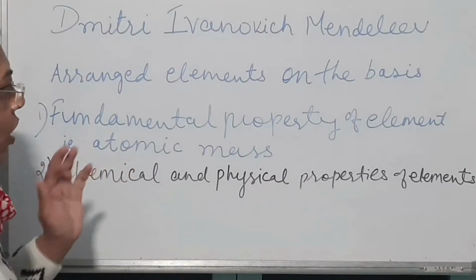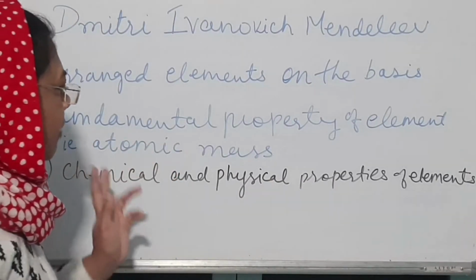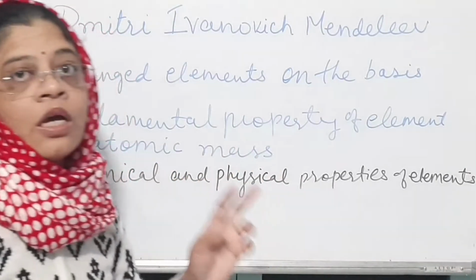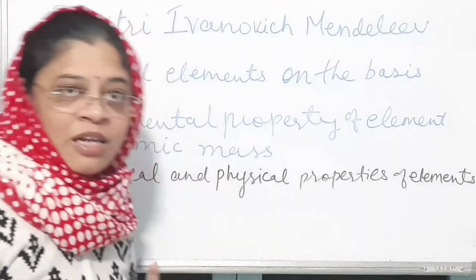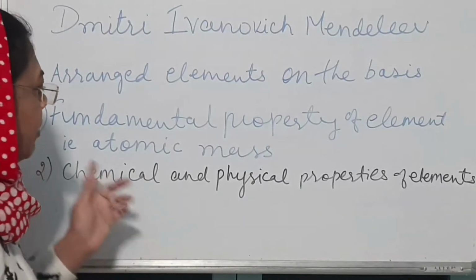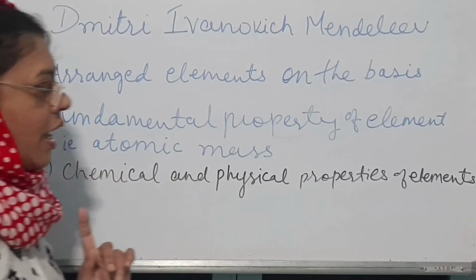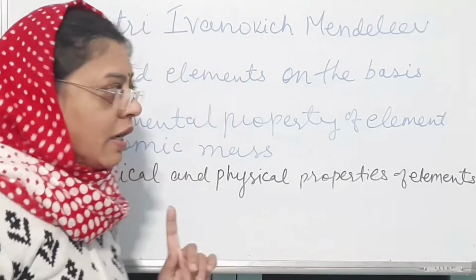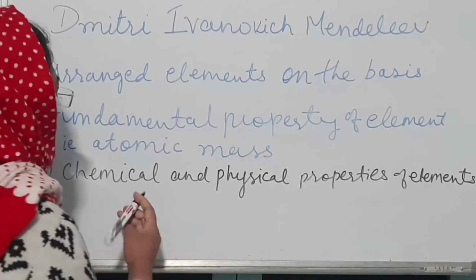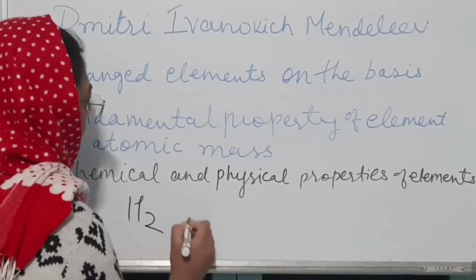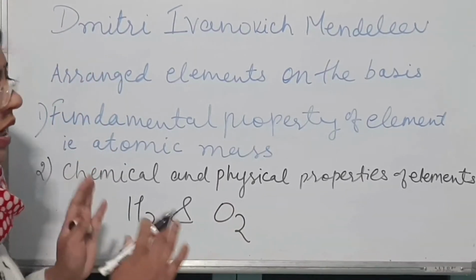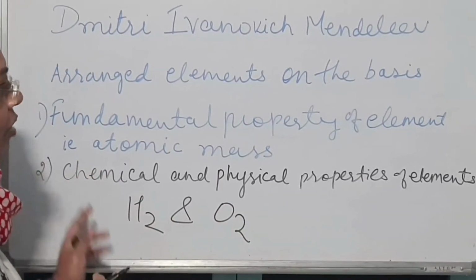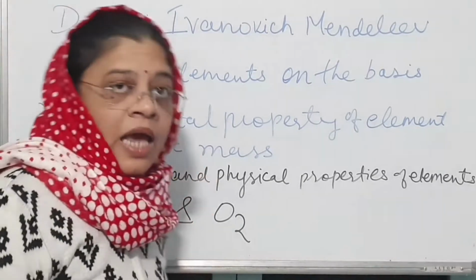Now, for correlating atomic mass with physical and chemical properties, Mendeleev had to study the chemical and physical properties of the elements. And for examining the chemical properties of the elements, Mendeleev chose hydrogen and oxygen as the basic elements.